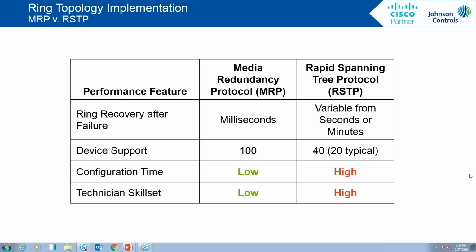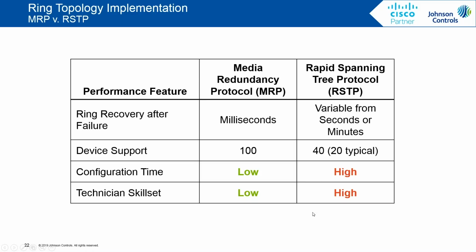It's based on a single processor, which is the master controlling it. In spanning tree, it's somewhat variable, and it relies on the determination of something called a root bridge. The reason it's variable is it's based on a lot of different elements, in which some of the variability can be minimized through some extensive configuration.